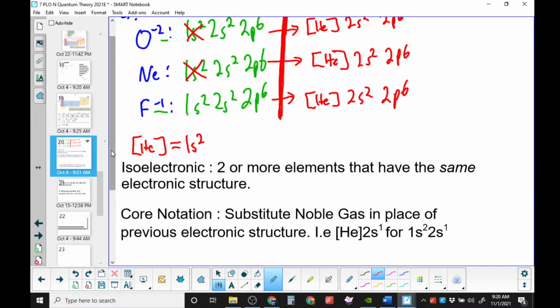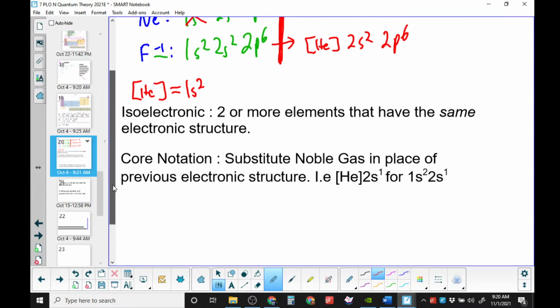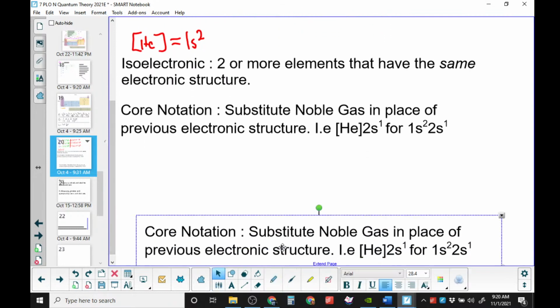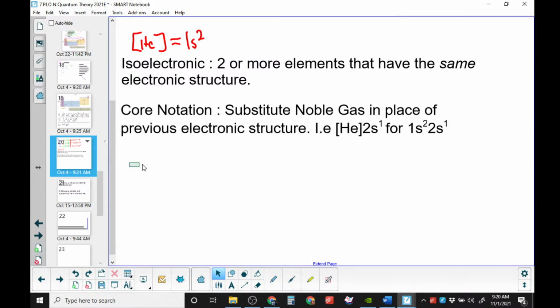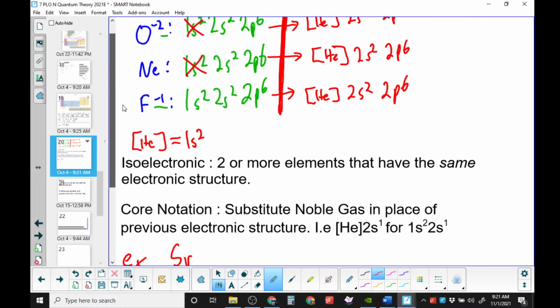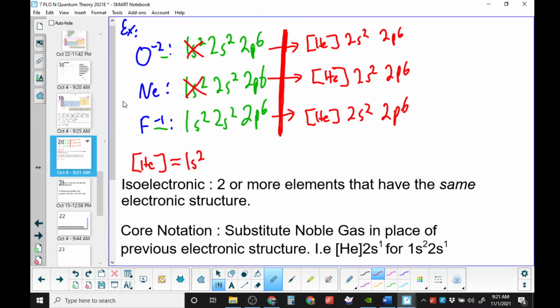But if I did, for example, strontium, Sr. What is the electronic structure of helium? So I just take that out and write helium instead. Take 1s2 out and then write helium in square brackets.